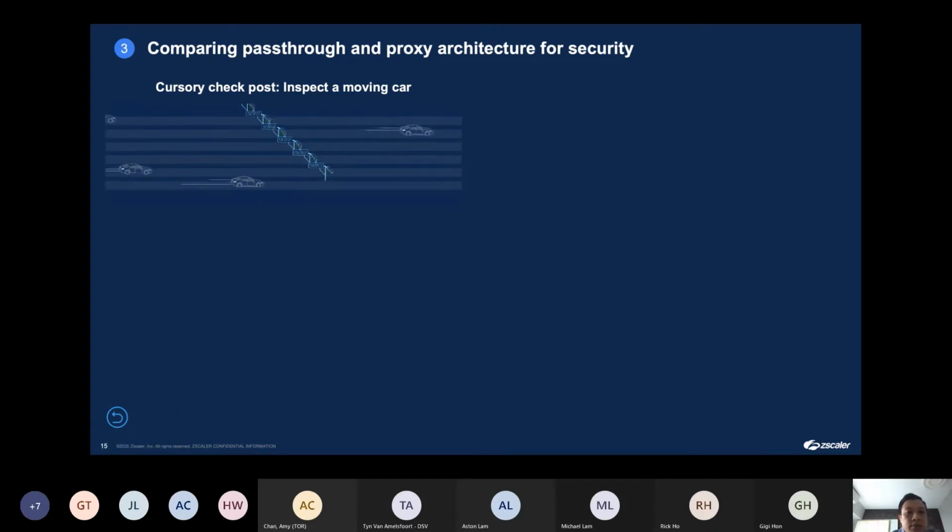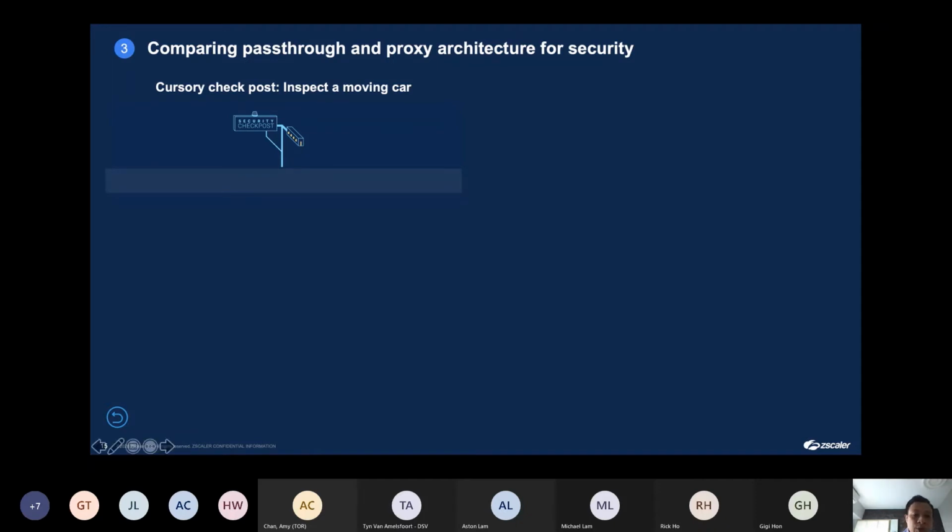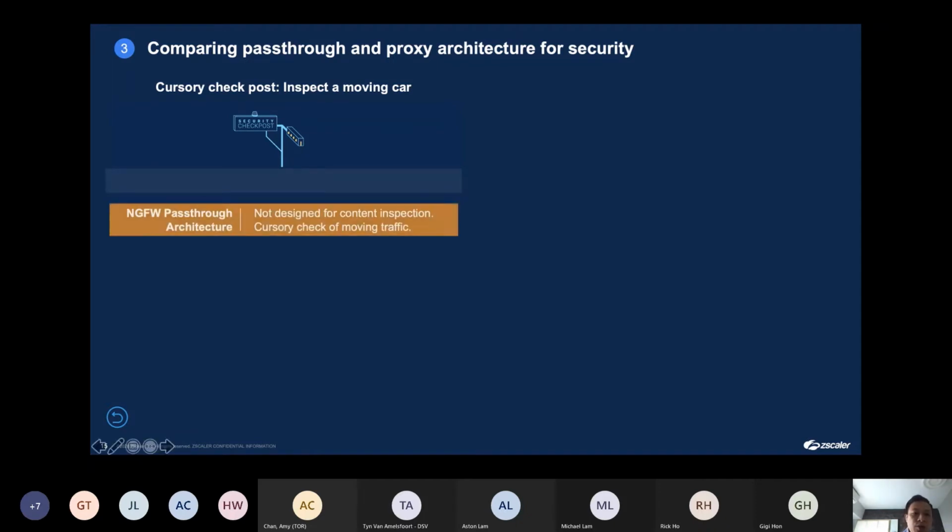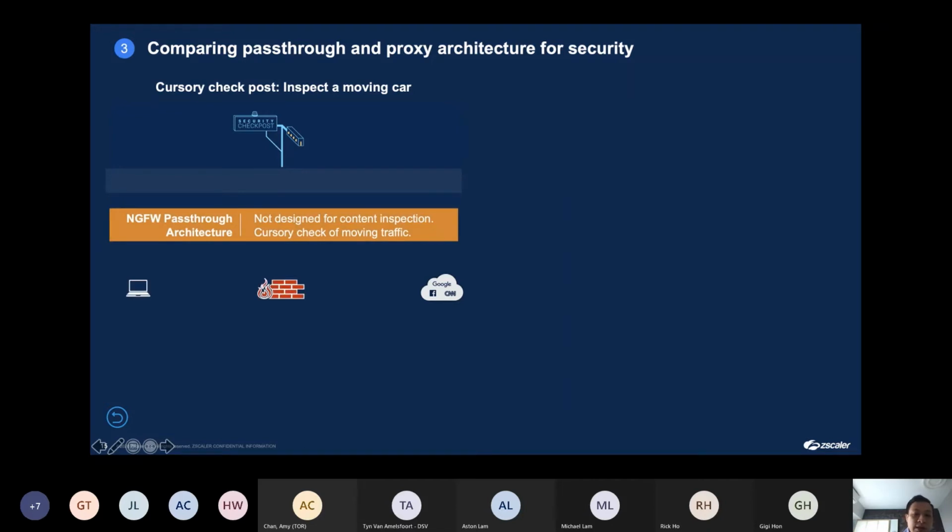Many enterprises are using something like security checkposts for a harbor tunnel, for example, where we only do the security check inline. We don't stop the car. We allow the car to go while we're doing the checking. So this is what a firewall does.